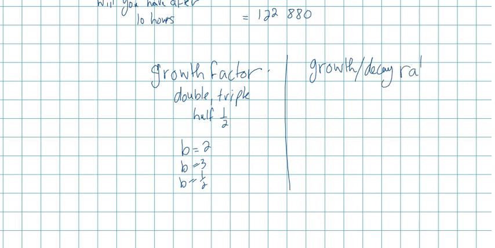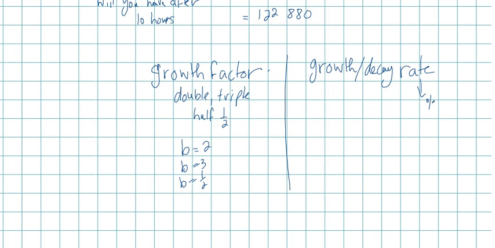Okay? So let's talk about, for example, bank accounts. Let's say you go to the bank and you put $1,000 in your bank account, and the bank is going to give you, let's say, 3% interest on that $1,000.